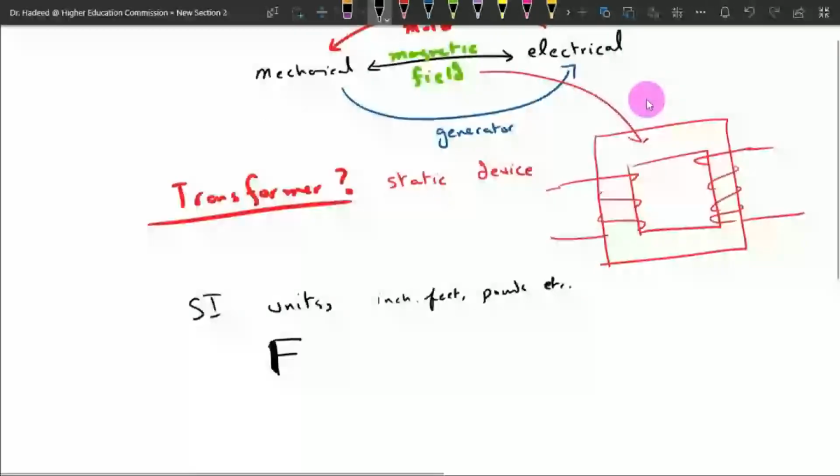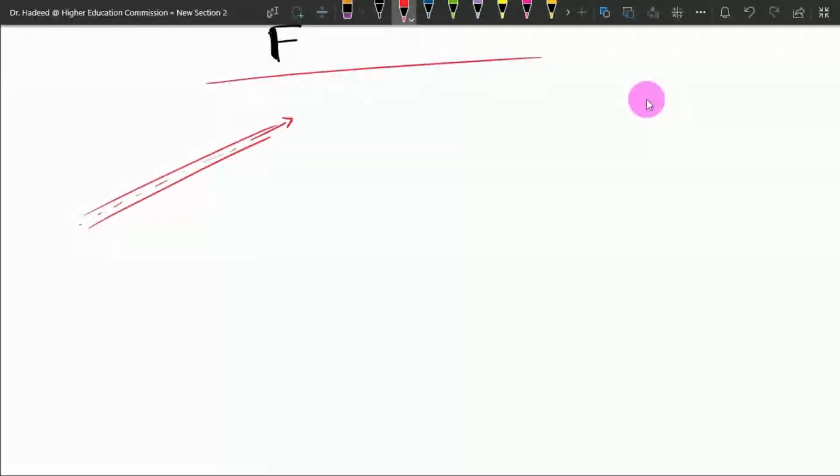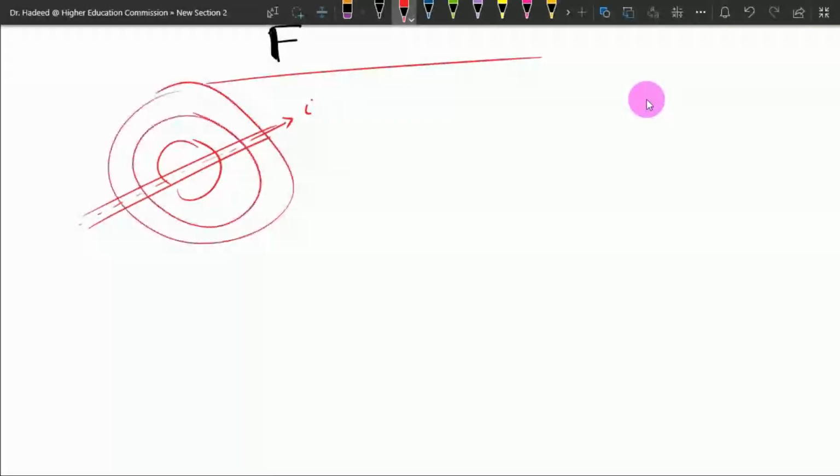So, there are 4 principles of the magnetic field. The number one is that if we have a conductor like this one, and some current I flows through this conductor, then we have a magnetic field around it, and we can find the direction of this magnetic field by using the right hand rule.